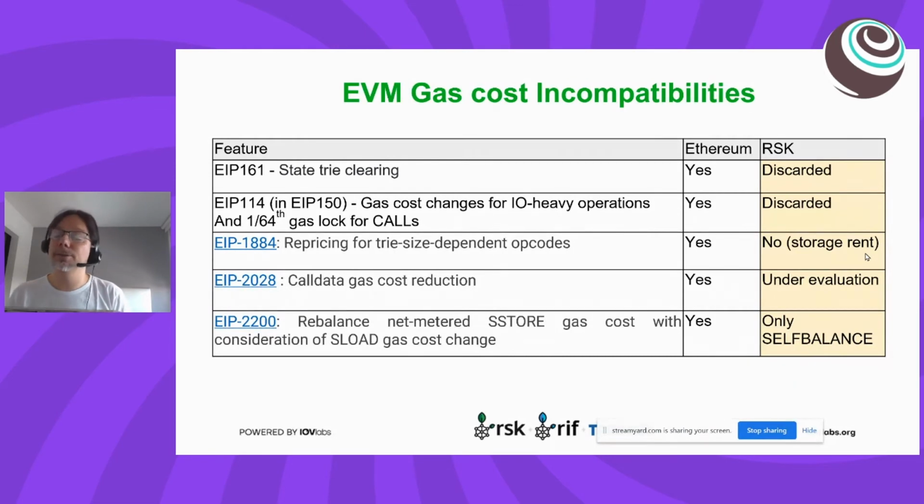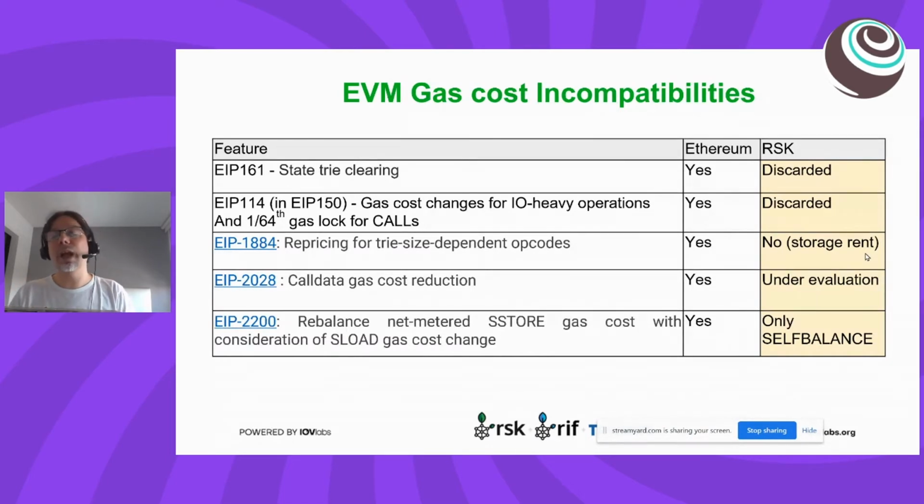Another important EIP we did not implement is EIP 150, in particular the reduction, the locking of gas in each call, because we think that in the long term it can bring many problems to the platform, and particularly to Ethereum 2.0. So I think this needs to be reevaluated in Ethereum.